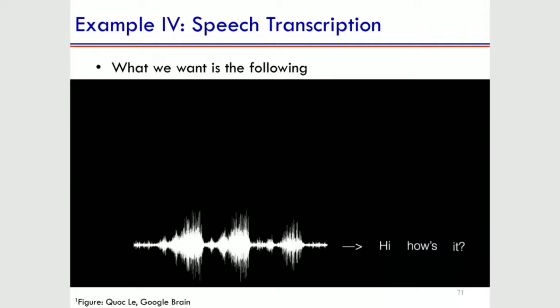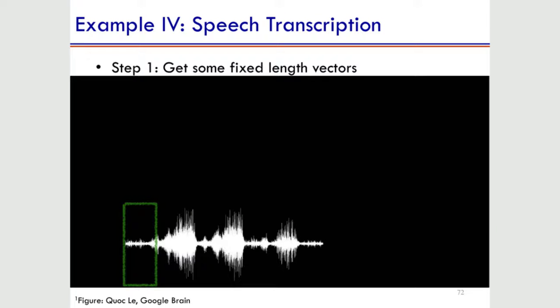But let's see. How do we deal with speech? Speech is a temporal signal like this, where there's an amplitude measured at a certain frequency, as in a max frequency. And so what you do is first you want to create fixed length vectors. So you do a sliding window. This is nothing but a time series.